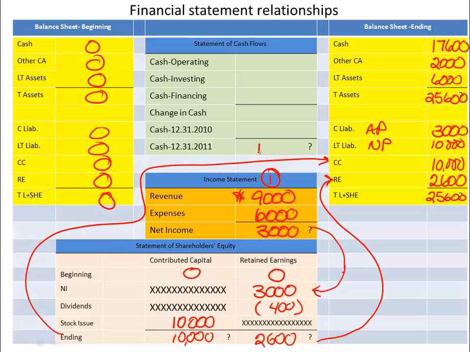The last statement we're going to do is the statement of cash flows. The statement of cash flows ends the year with a cash balance of $17,600. At the beginning of the year, since the company was not in existence, cash was $0. So during the year, cash increased $17,600. Let's see how much of that was due to day-to-day operations, in other words, changes in current assets, current liabilities, or the income statement.